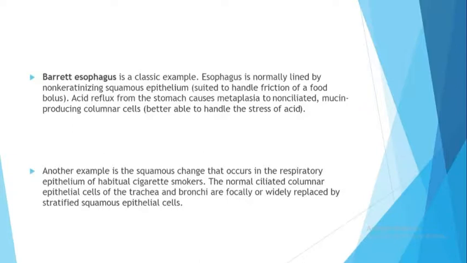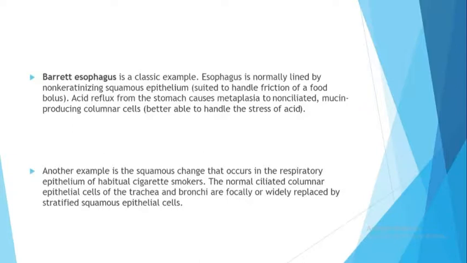So what happens here is that the acid reflux from the stomach will cause irritation in the lower part of the esophagus, and because of this irritation, the cells of the lower part of the esophagus will undergo metaplasia from non-keratinizing squamous epithelium into non-ciliated mucinous columnar epithelium because this type of epithelium is better able to handle the acidity of the stomach.